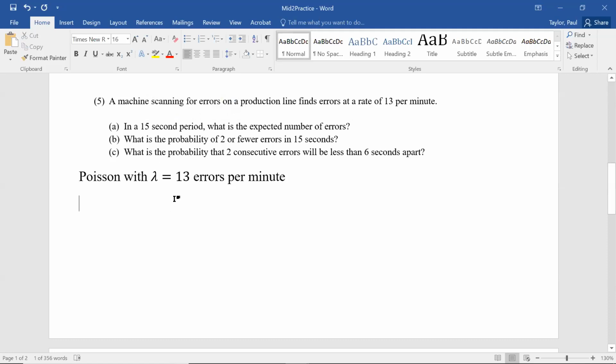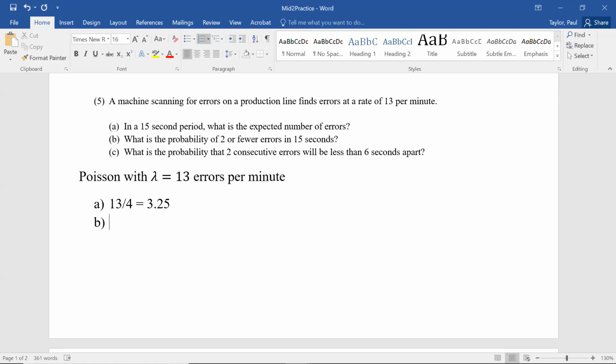In a quarter of a minute, we're expecting a quarter of our per minute rate. So 13 divided by 4 is 3.25. So for part A, the answer is 3.25, because 15 seconds is a quarter of a minute. 13 per minute, how many do you get in a quarter of a minute? You get a quarter of 13.